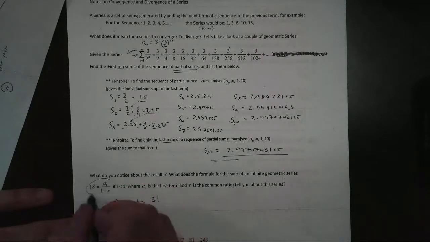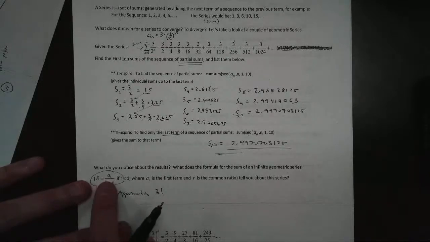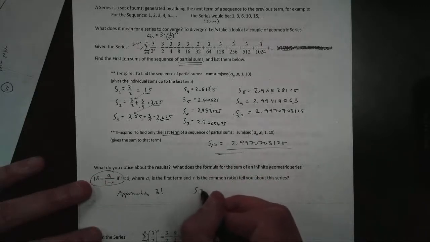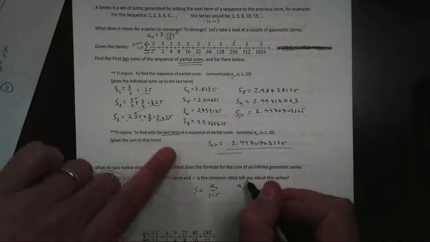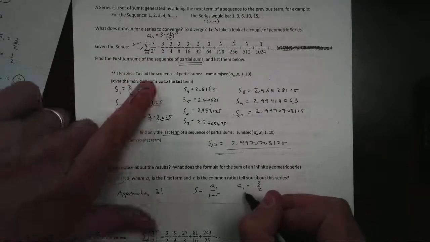Now, from geometry, you learned that the sum of an infinite geometric series is given by S equals a sub 1 over 1 minus r. So if I write that down here, S equals a sub 1 over 1 minus r, well, my first term in my series is 3 halves.